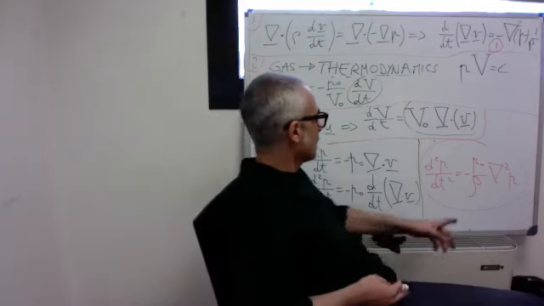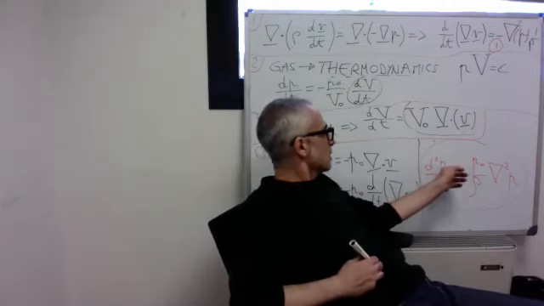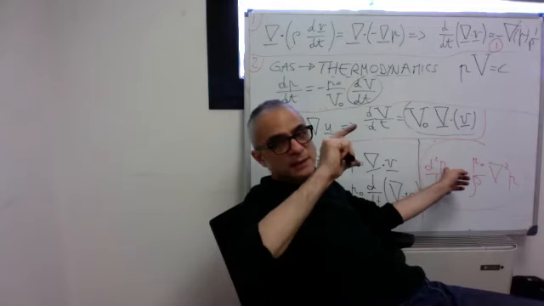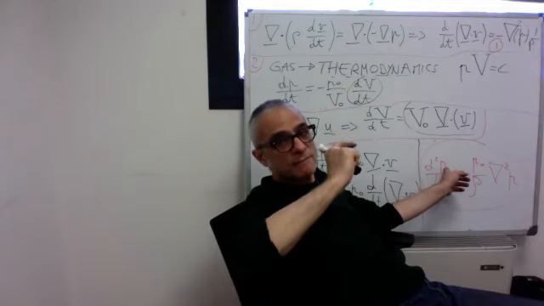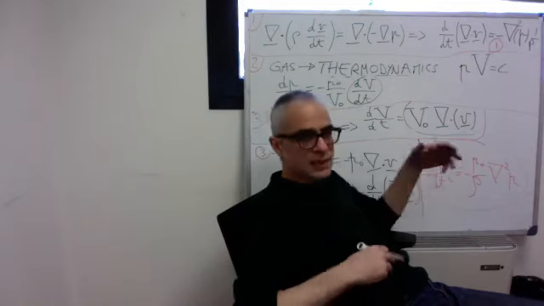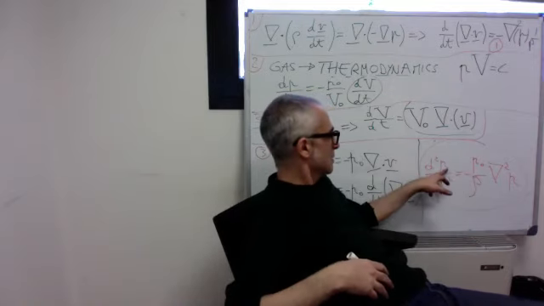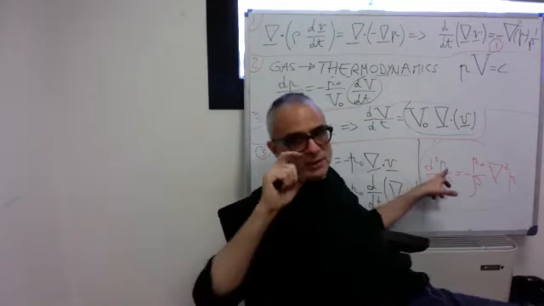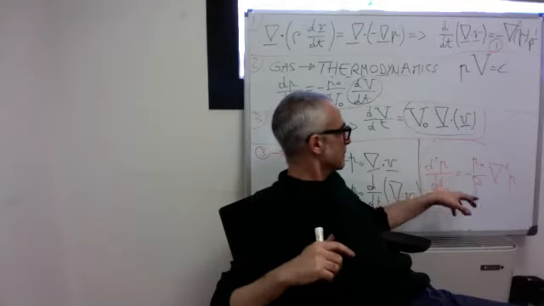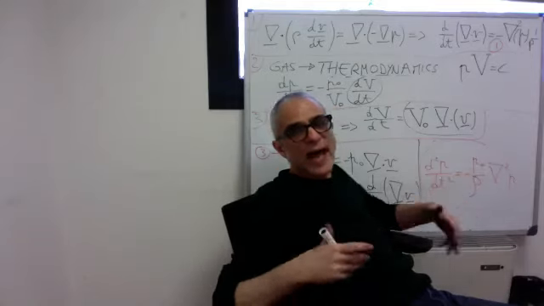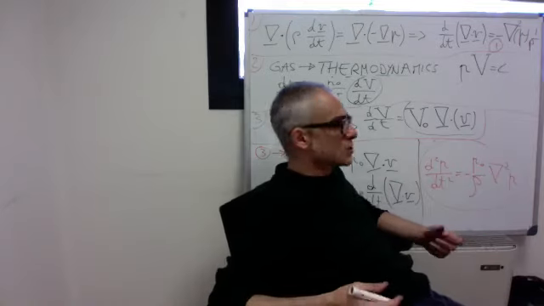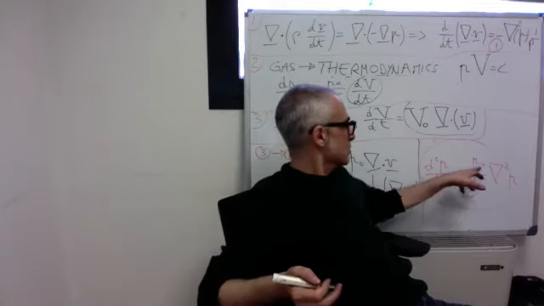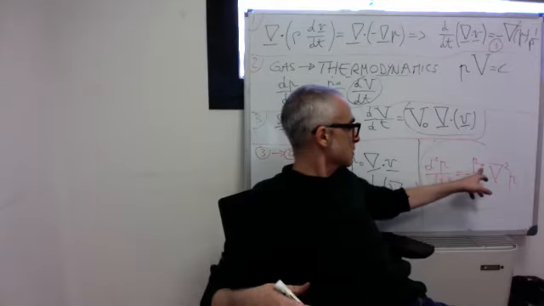Remember, if instead of pressure, here this is the pressure in some place in the gas, I replace it with a displacement somewhere on the string, and here instead of pressure I have tension, which is sort of the same thing. It's the force per unit surface that we have in the string.